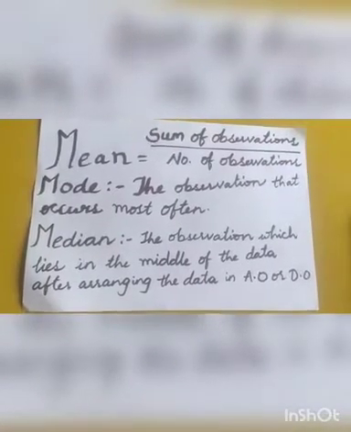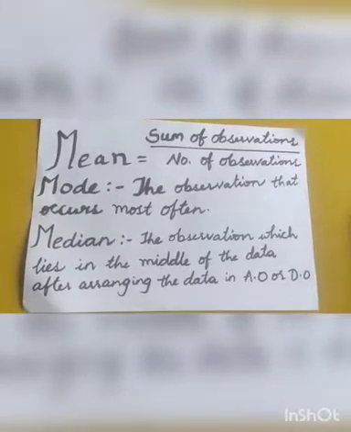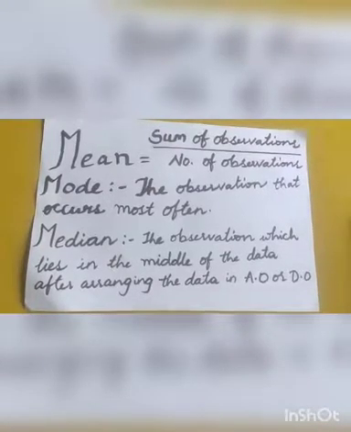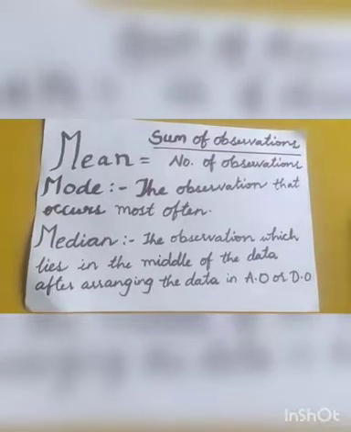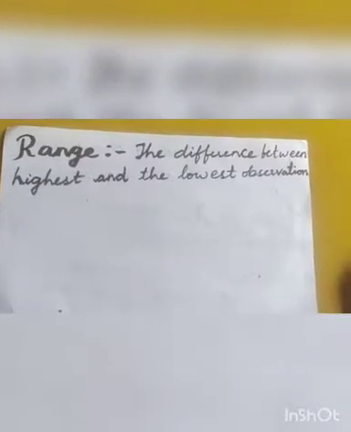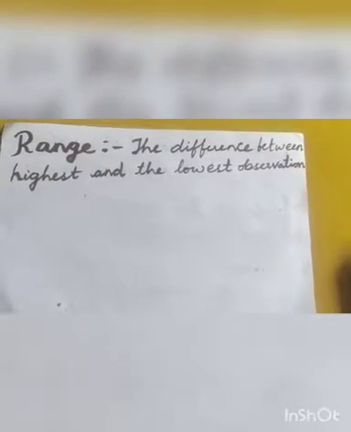And median is the observation which lies in the middle of the data after arranging the data in ascending or descending order. Range. The difference between the highest and the lowest observation gives us the range.